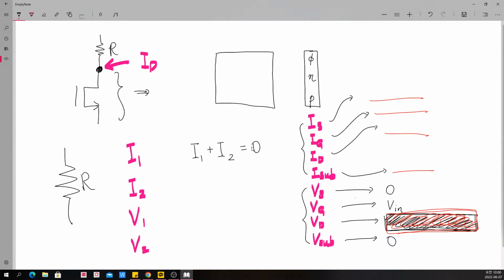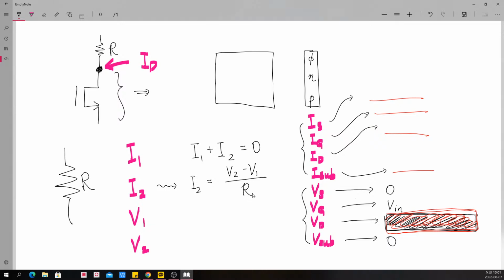So this is assigned for one terminal, and we have still another terminal. Yes, at this point we can apply Ohm's law. What is Ohm's law? I2 is simply given by V2 minus V1 divided by R. So that is Ohm's law.